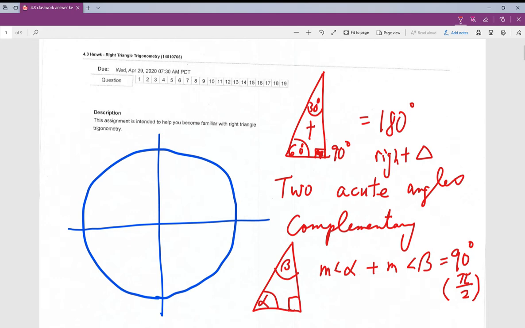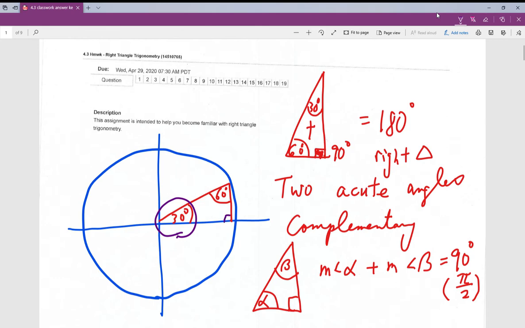Now, when we are talking about the sine and cosine functions, I would like to use the very special angles called 30 degrees and 60 degrees here. When we talk about sine and cosine, which angle do we base on? We base on this angle, not this angle. We base on 30 degrees.